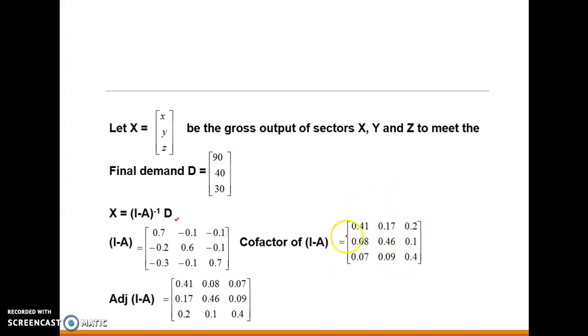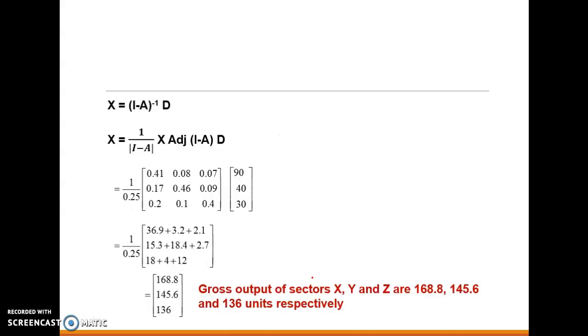After calculating this, the next part is to calculate the adjoint of I minus A, which is the transpose of the cofactor of I minus A. So this is simply the transpose: the first row becomes the first column, the second row becomes the second column, and the third row becomes the third column. After calculating the adjoint, you can simply use the formula, which I was trying to write using the pen of the slideshow, but it wasn't working.